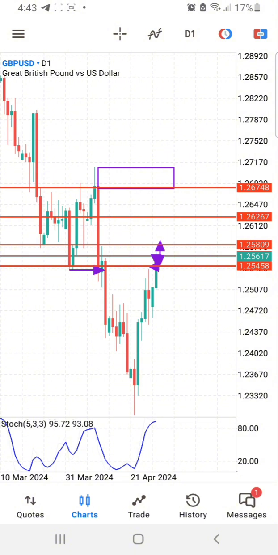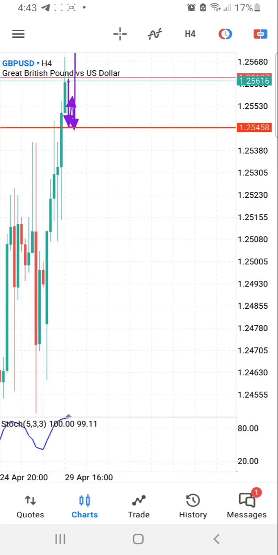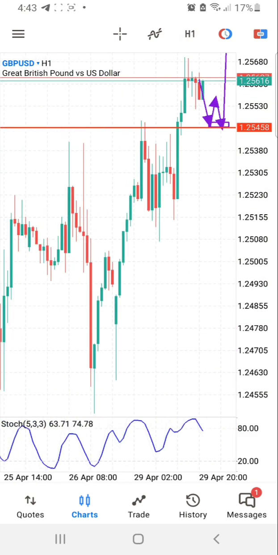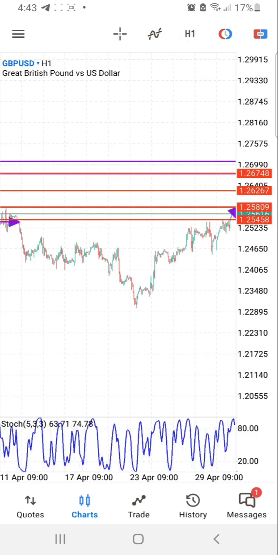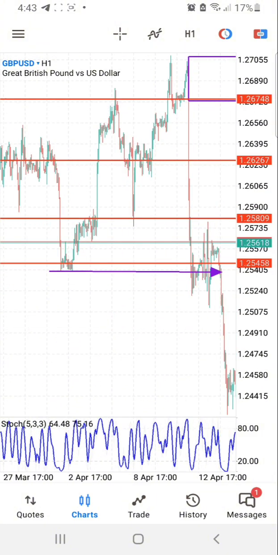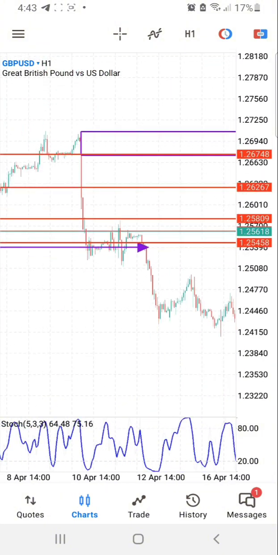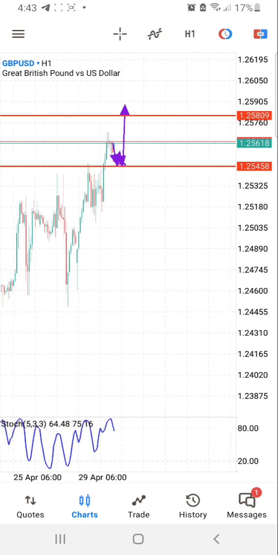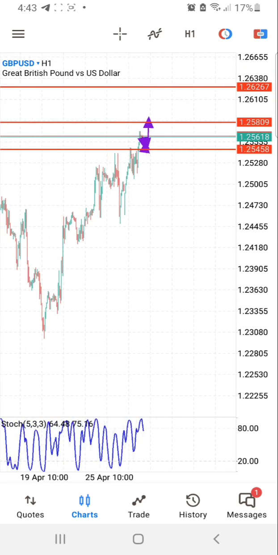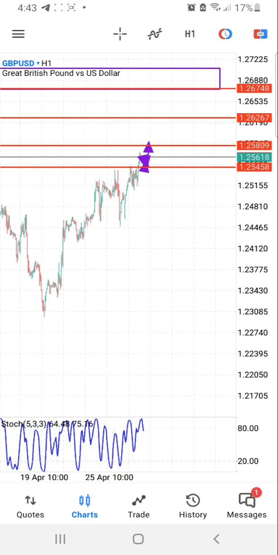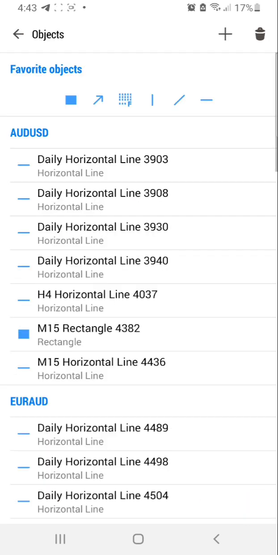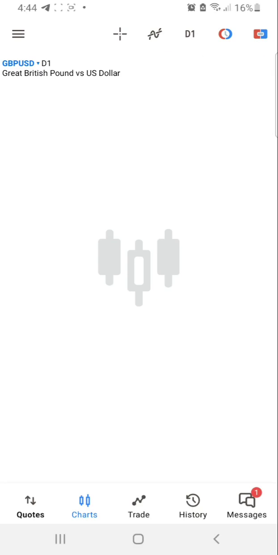When I'm trading like this, I am aware of everything in the market. I'm aware of where the fair value gaps are. I'm aware of everything in the market, and that's how I trade support and resistance. But this area, if you get a good buy here, then you can target all the way up to here.